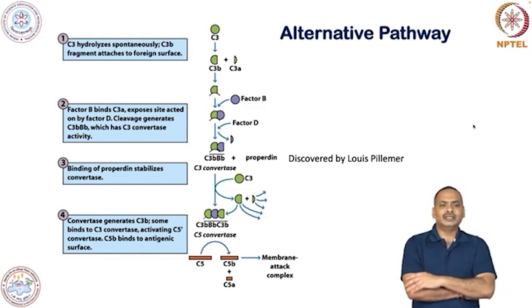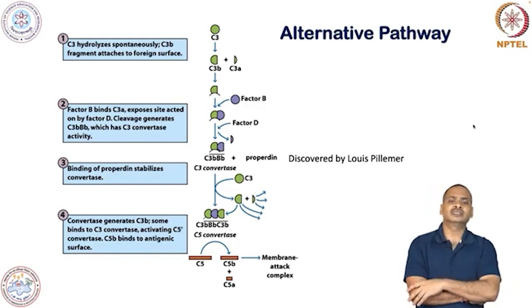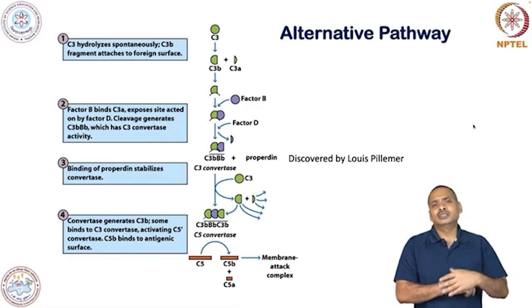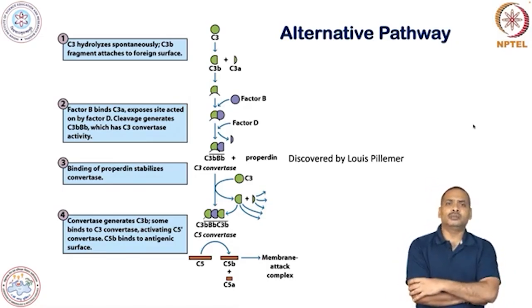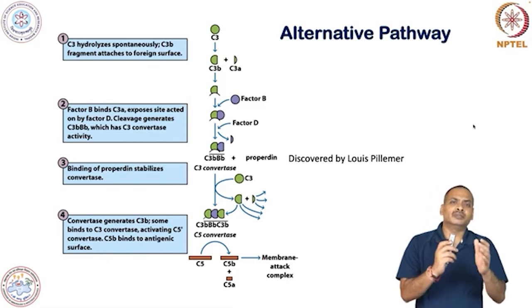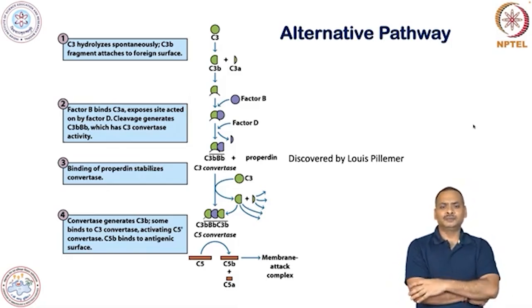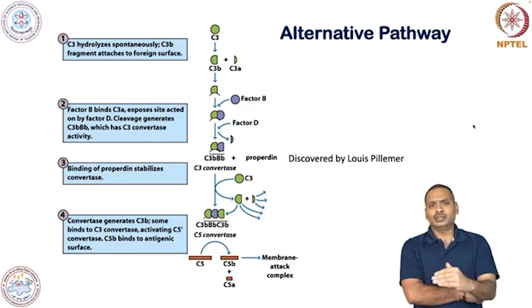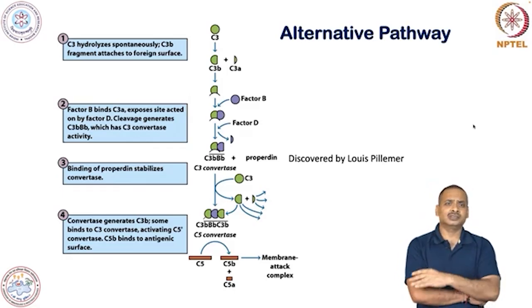This C5 convertase activity is needed for the generation of the membrane attack complex. There are several molecules involved in formation of the membrane attack complex. I will not discuss this, as I have discussed it in the classical pathway, so it is not needed.